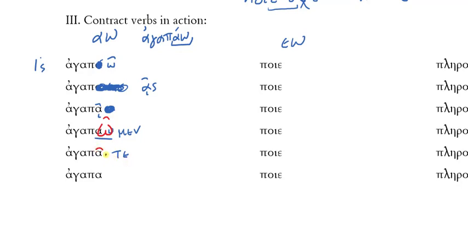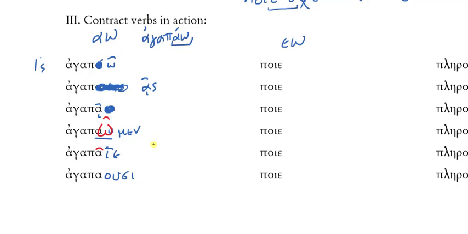Agapate. And we're going to slide that te over. In fact, we can do that right now. No, we can't. No, yucky. We'll just write it over again. Okay, so agapate.